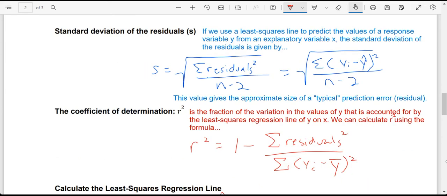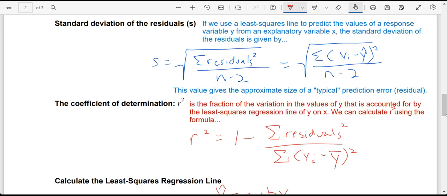The standard deviation of the residuals and the coefficient of determination are explained, and here are the formulas. R squared is the coefficient of determination, which you've seen. And then the standard deviation of the residuals should look familiar to you, right? It looks like standard deviation of everything else. If you haven't already, I'd pause this video and write down everything in the formulas.